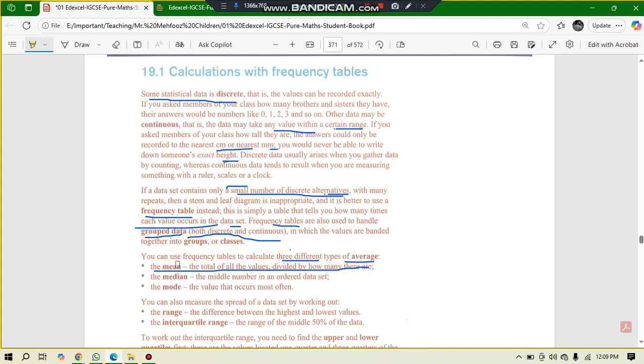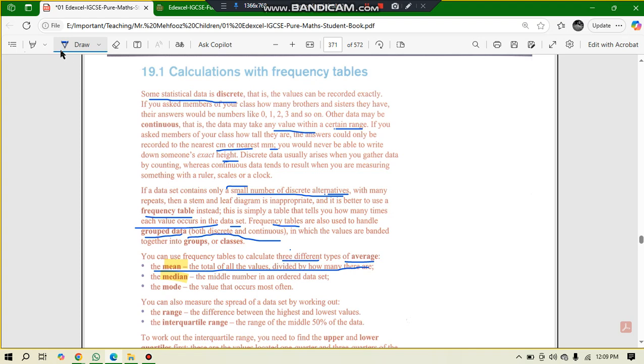No. Okay, the next one is the median. The median is the middle value of the data when the data is in ordered form. Ordered form means in ascending order or in descending order. Then the middle term is called the median.